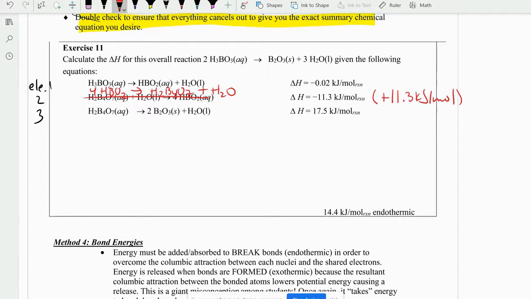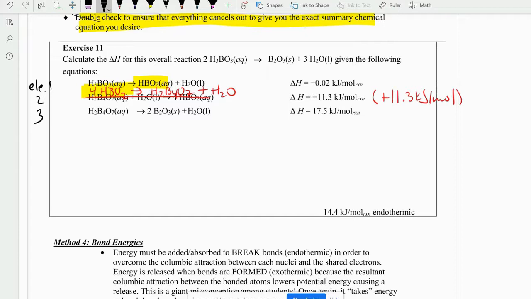Now I need to start cross-canceling some things. And I notice that if I go back to elementary step 2, I have 4 HBO2. But then I come up to reaction 1 and I only have 1 HBO2. Okay, they're on either sides of the arrow, so they're going to cross cancel, but I have more in elementary step 2, I have 4 of them, compared to the 1 in elementary step 1.